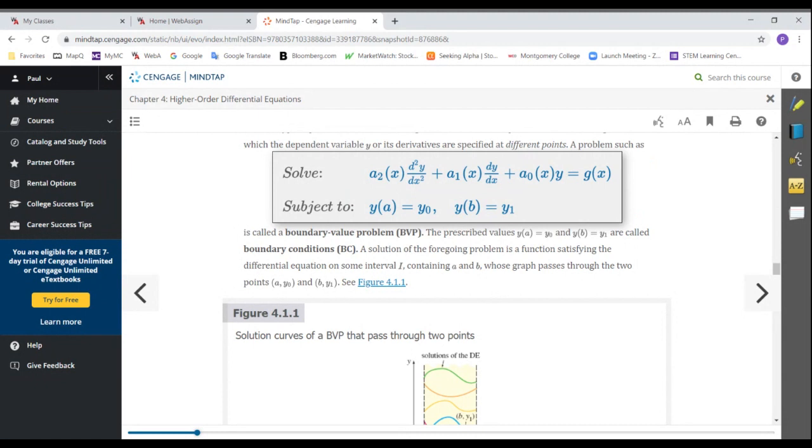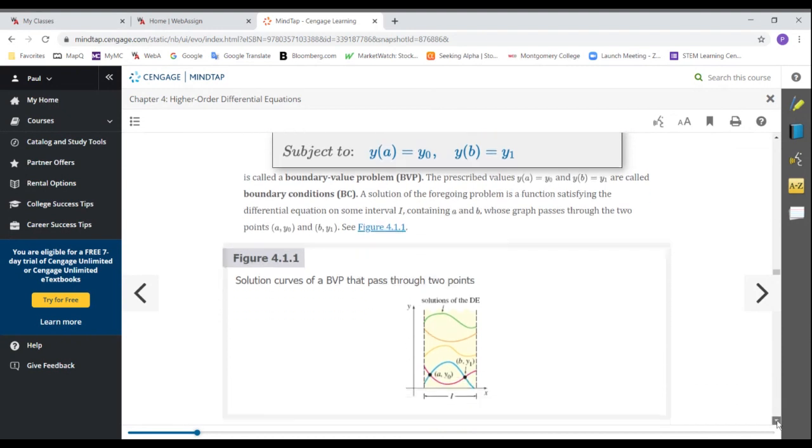For an initial value problem, you would have to have a restriction on the solution, but also on the derivative. Okay, but here you don't have a restriction on the derivative y prime. You have two restrictions on the solution, and so that's called a boundary value problem.